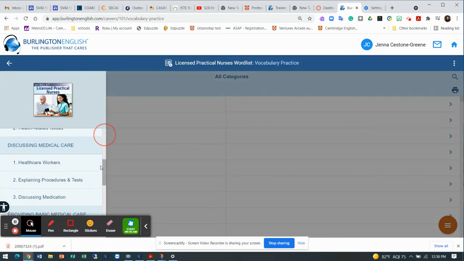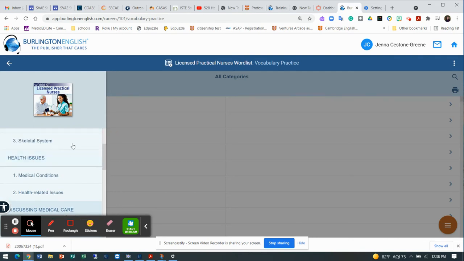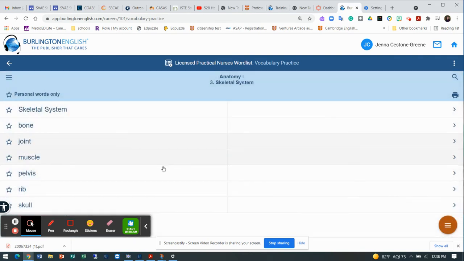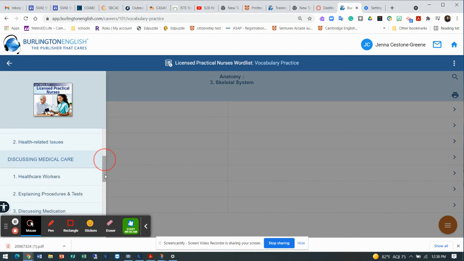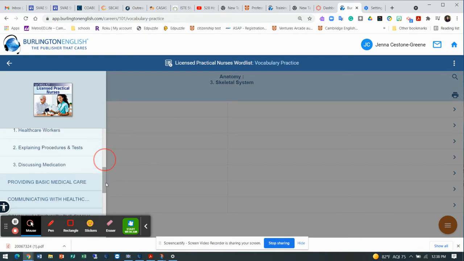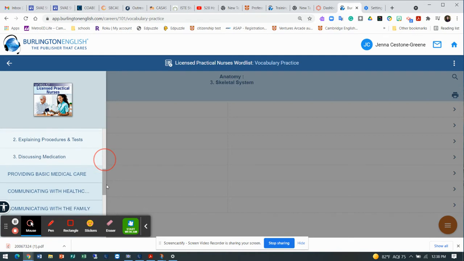They can use this to study. It's really useful because it gives them vocabulary and diagrams that they can print, which in their textbook they might not have. So it's really useful to make use of that. And then there's all kinds of conversations, practical conversations, explaining procedures, basic care.